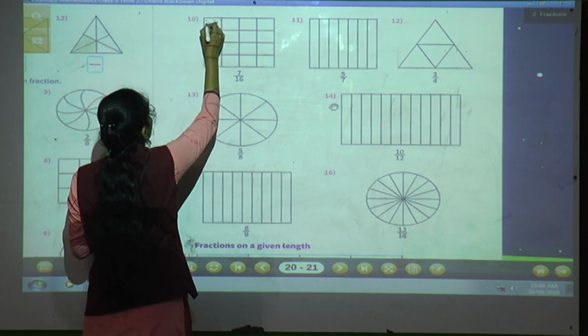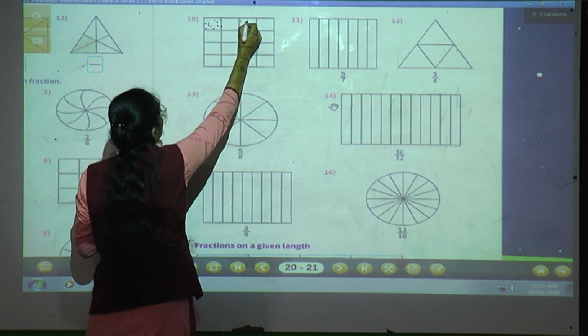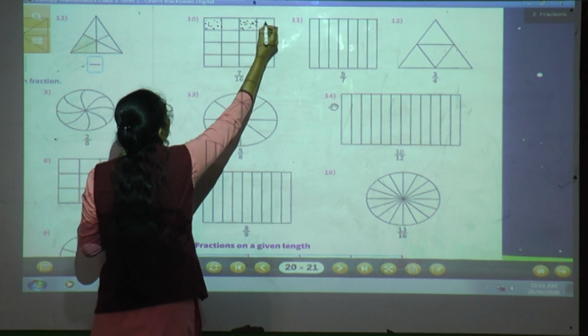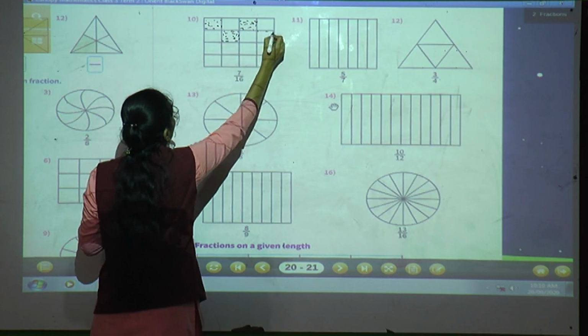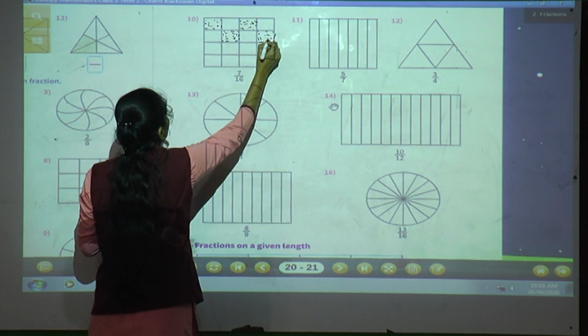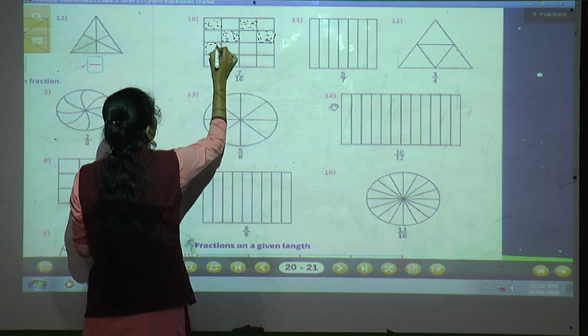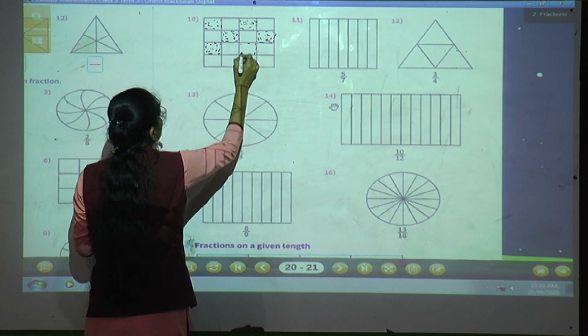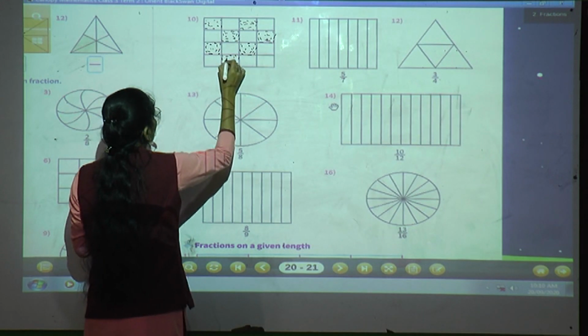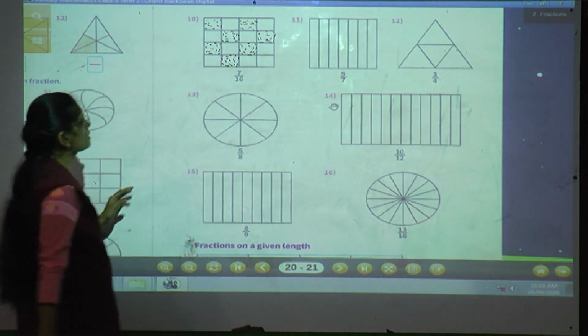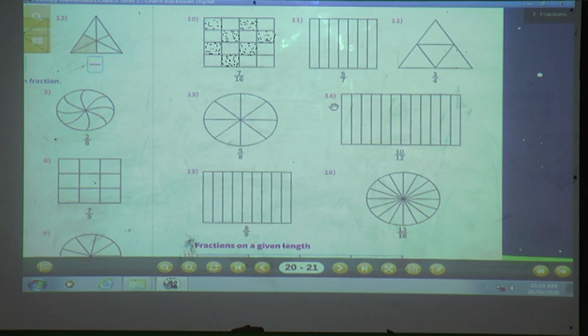Okay, correct. So color the 7 parts. 1, 2, 3, 4, then 5, 6 and 7. Out of 16 parts we have colored 7. So the fraction is 7 by 16.